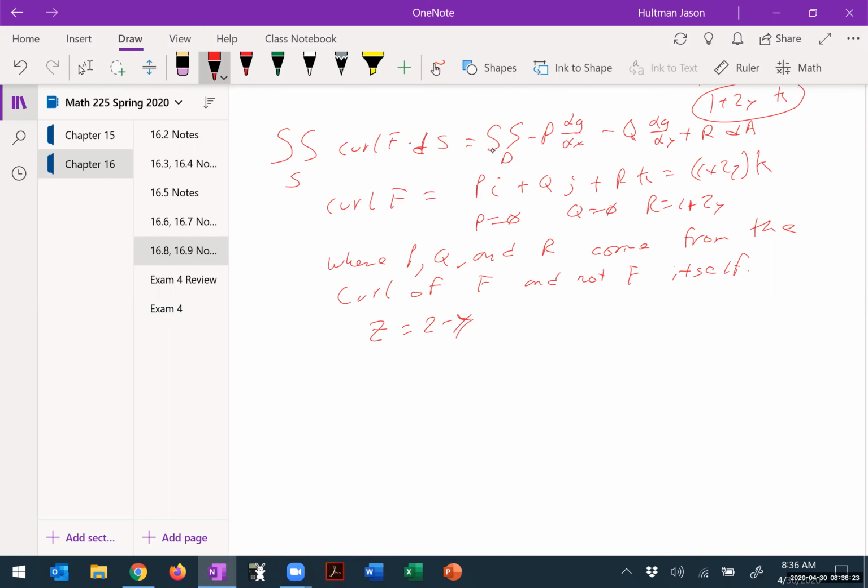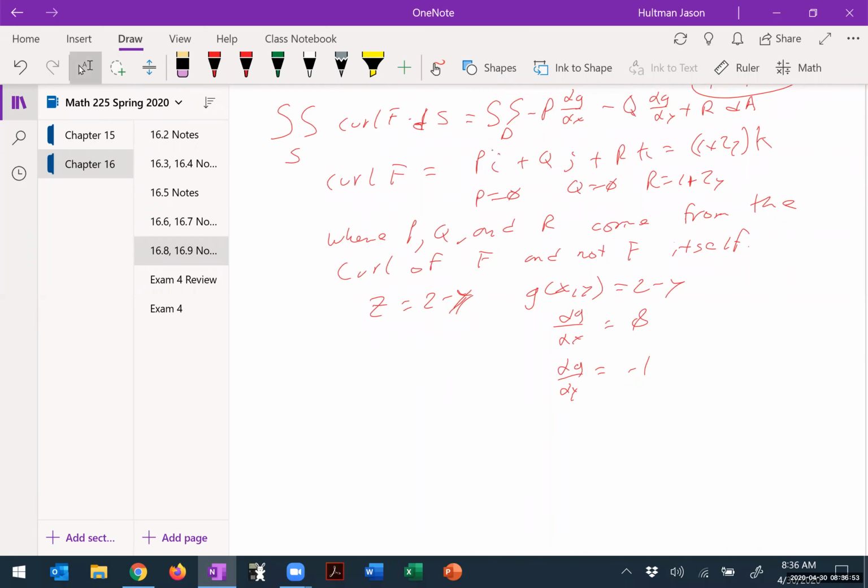So I can write g of x, y equals 2 minus y. If I plug this in, the partial of g with respect to x becomes 0, but the partial of g with respect to y becomes negative 1.